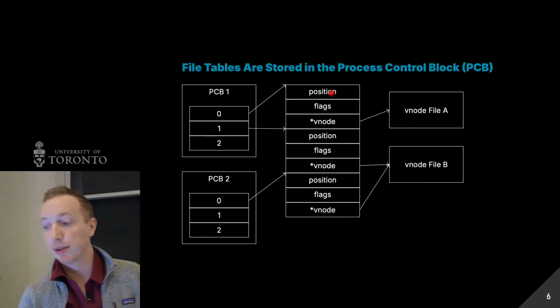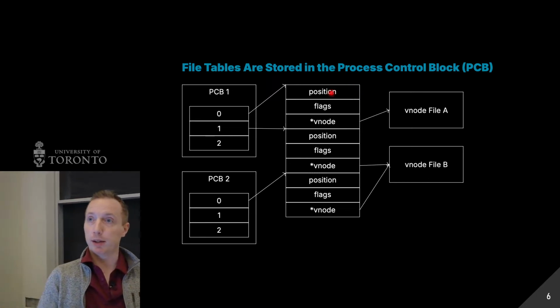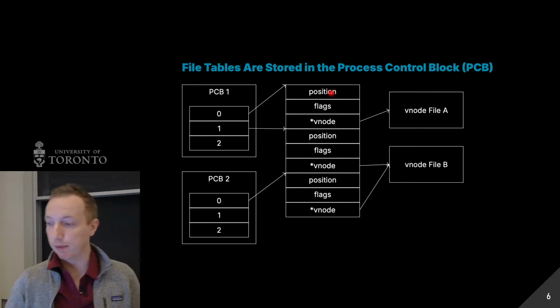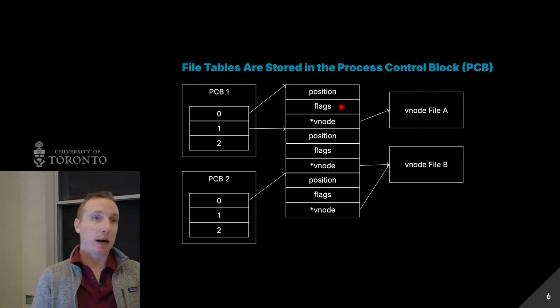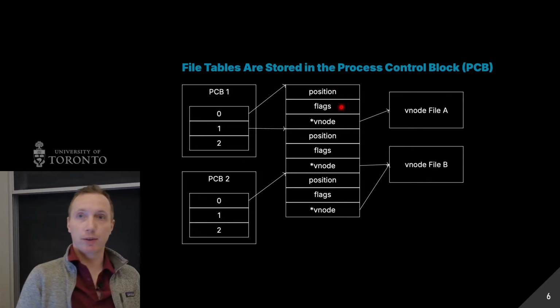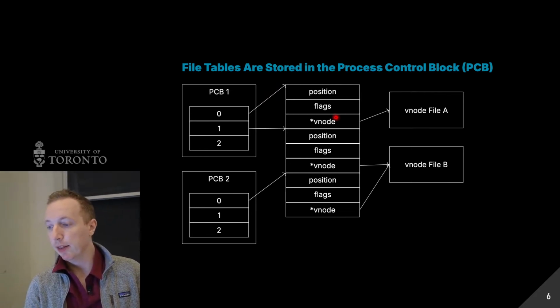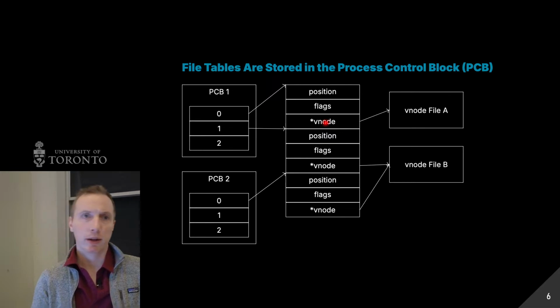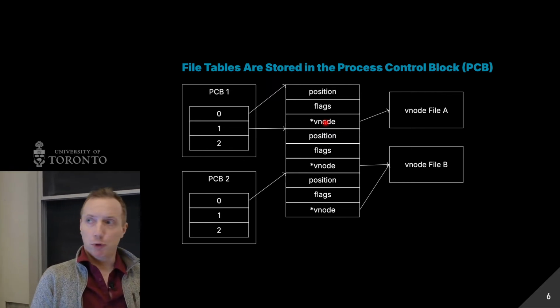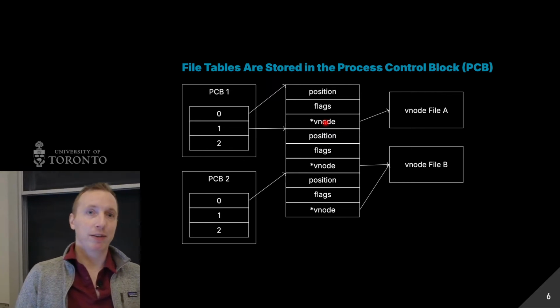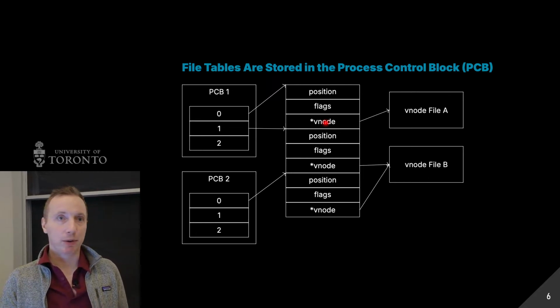So these entries will have a position, so that's where I currently am trying to access in that file. Flags: what access do I have through this file descriptor? Can I read? Can I write to it? What am I allowed to do? And then there is this pointer to a vnode. A vnode, short for virtual node, just represents anything that I can read or write bytes to.